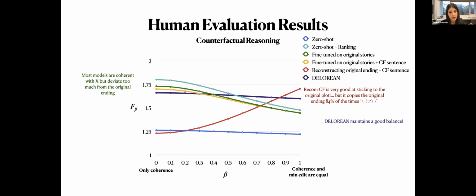And because it's using language models, it's very coherent with the beginning of the story, but it doesn't take into account the original ending at all. So it's really bad at minimal edits. And then this purple line is DELOREAN, which is not the best at each one of these criteria, but it achieves a good balance between both of them.